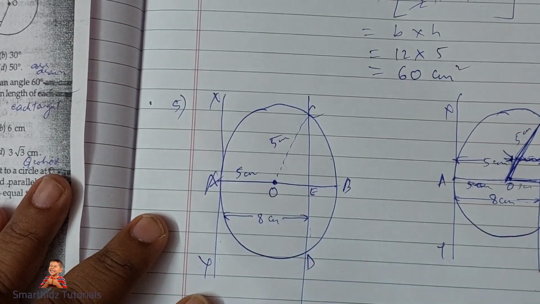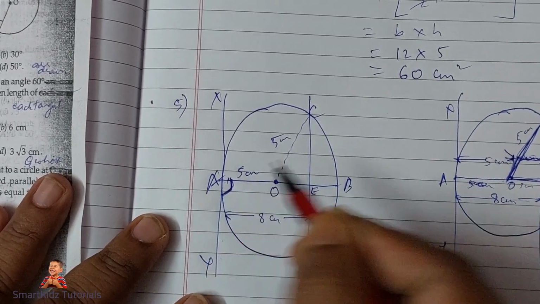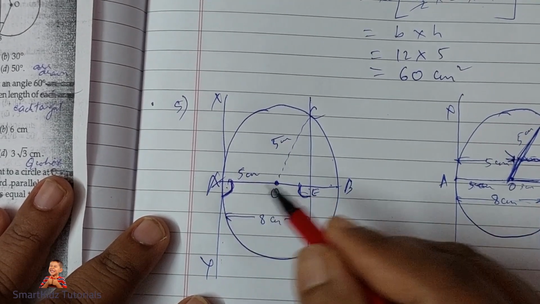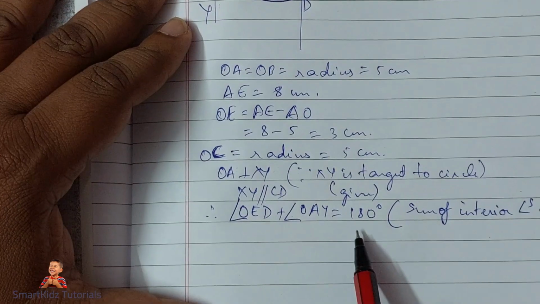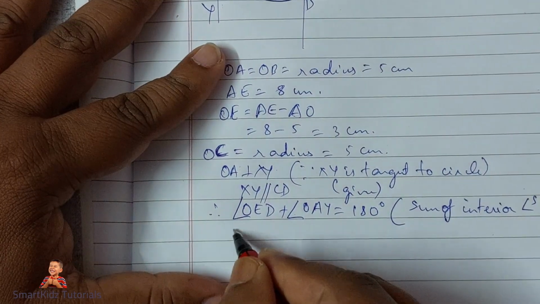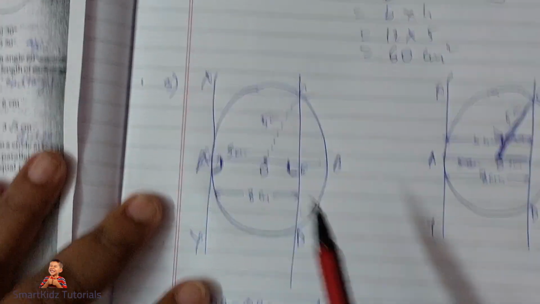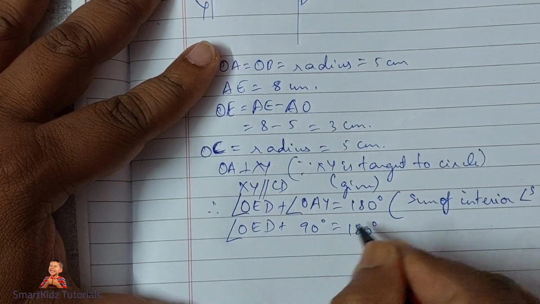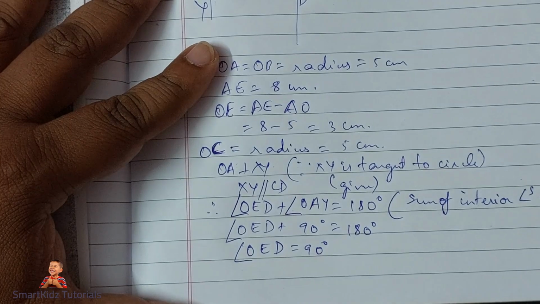So we are saying that this angle plus this angle, the sum has to be 180 degrees. These are interior angles. So OED we need to find out. But OAY we have seen is 90 degrees. So 90 degrees plus angle OED is equal to 180 degrees. That means angle OED is equal to 90 degrees.